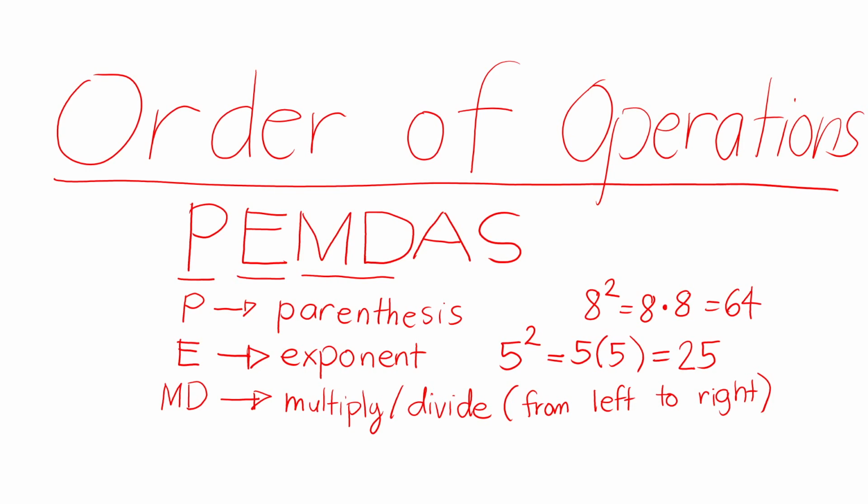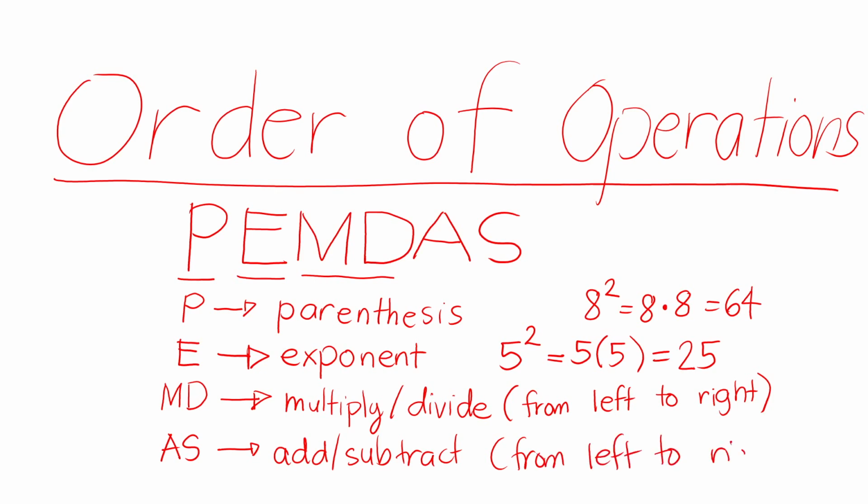That's MD, from left to right. The same thing with AS. AS means you add or you subtract from left to right again. Okay? Now let's have examples so we can better understand the concept of PEMDAS.